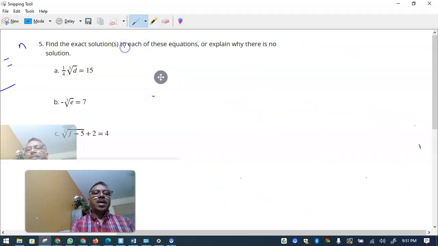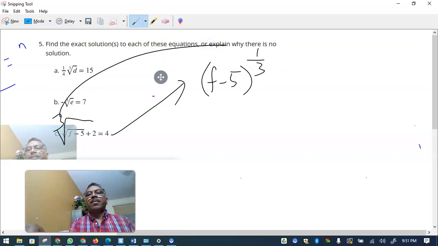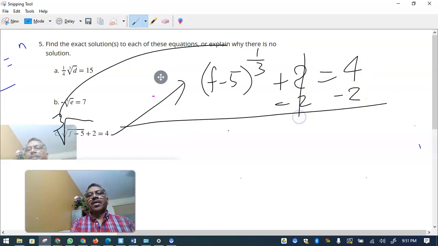And the last one, again, I'm going to write it as f of -5 is like b raised to 1/3, because there is a cube root, right? So that changes to 1/3. But then there is a 2 and it equals 4. You subtract 2 from both sides. So this goes away and you get f of -5 raised to 1/3 is 2.